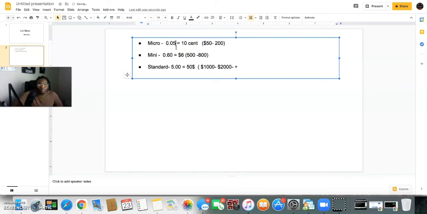Like me, 0.005 is 50 cents. That's a good, decent lot to use, okay? 50 cents. If you hop in the trade twice, now you got 2 going, and it'll equal $1 once it goes your way. You just got to know how to play around with the lots and not risk your account.